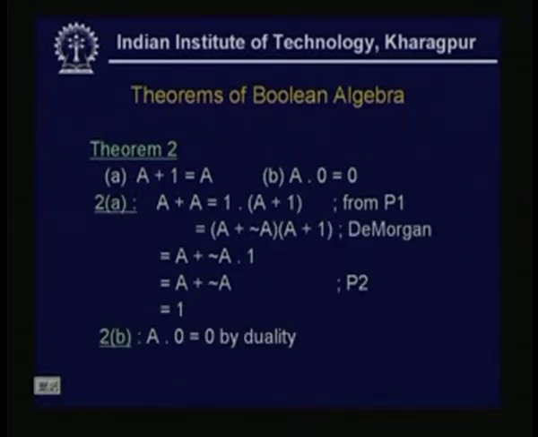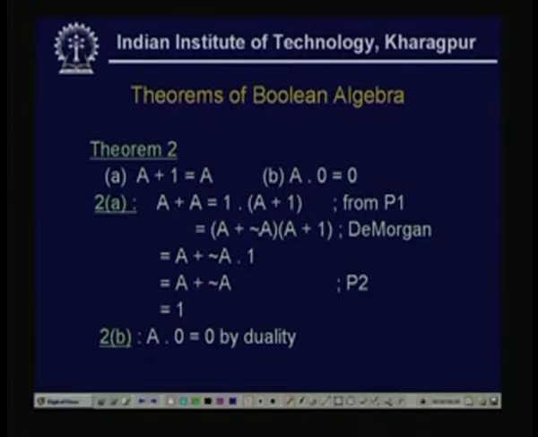We see the second theorem. Second theorem tells that A plus 1 equal to 1 and A dot 0 equal to 0. Now, A plus 1 equal to 1 dot A plus 1 equal to A plus negation A dot A plus 1, because 1 is nothing but A plus negation A, and as it is we keep A plus 1.